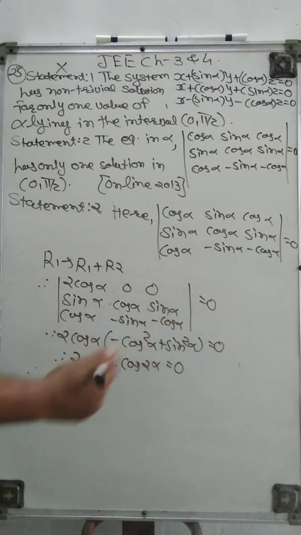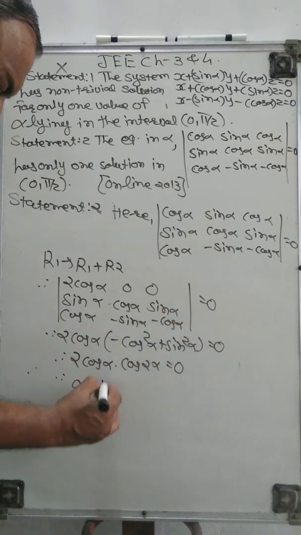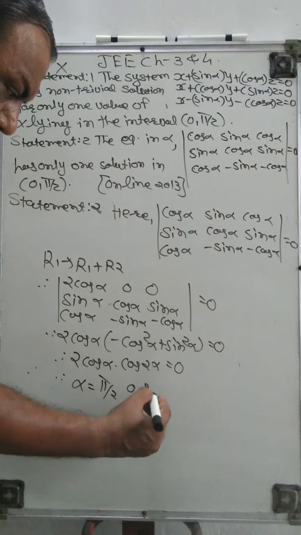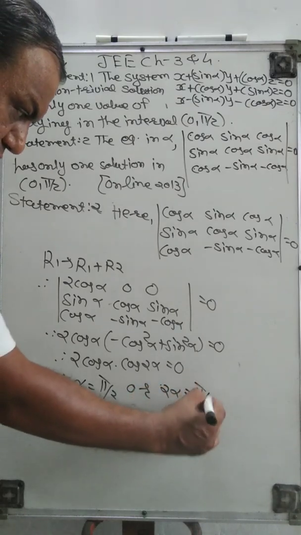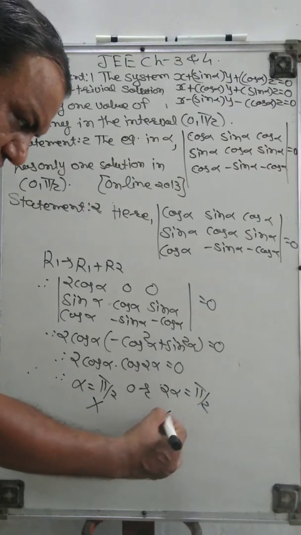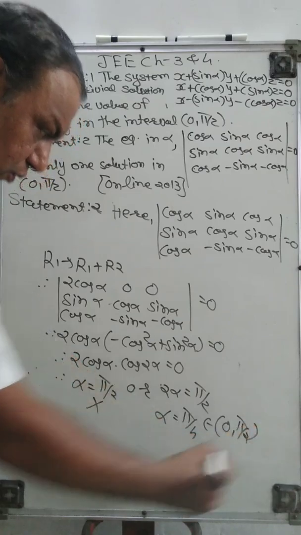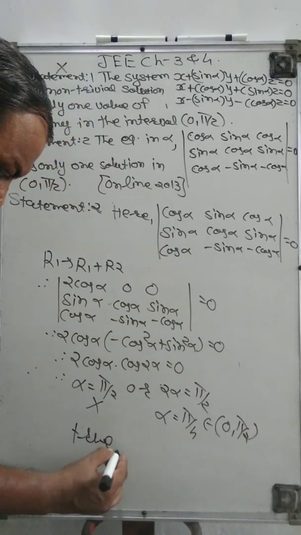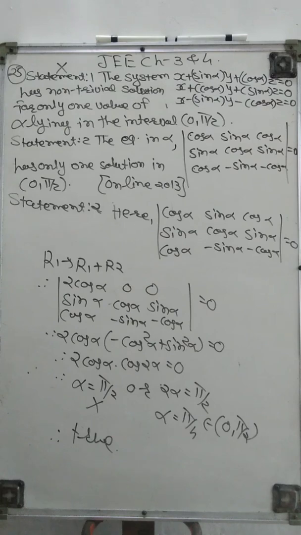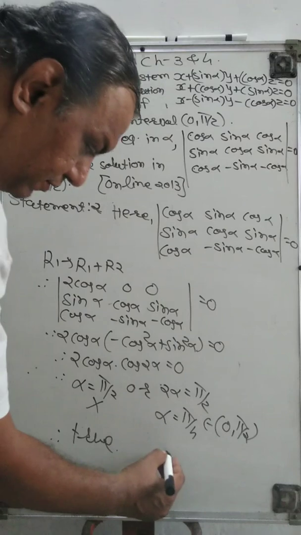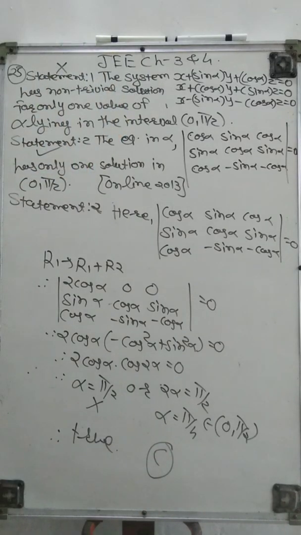The negative sign is there but here 0 is given. Therefore alpha is either pi by 2 or 2 alpha is pi by 2. So alpha is pi by 4, the only value between 0 and pi by 2. So this statement is true. Here the first statement is false and the second is true. Therefore the answer is C, in which the first statement is false and the second is true.